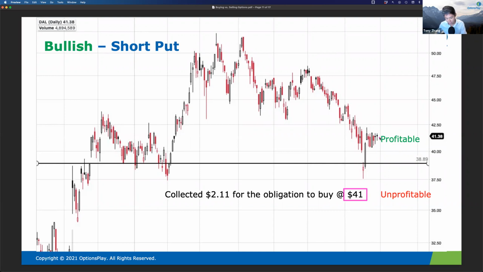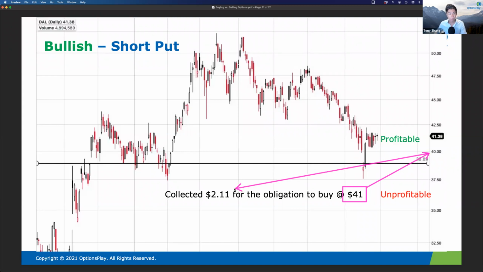So if the stock is above the strike price, this put option will expire worthless. But let's say you think the stock's going to go higher, but the stock instead goes lower, down to $40. Now you're obligated to buy the stock at $41 that is only worth $40 on the open market. If you were to buy at 41 and sell at 40 on the open market, you would lose $1 on that transaction.